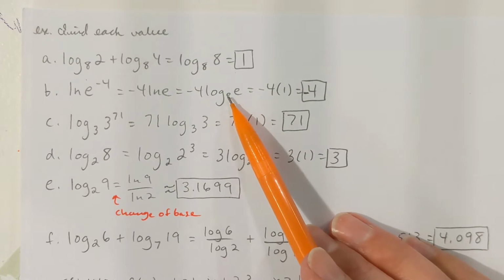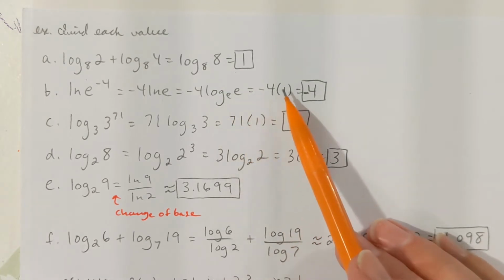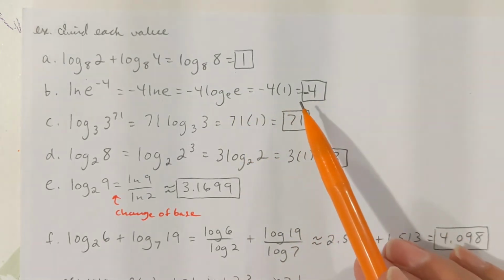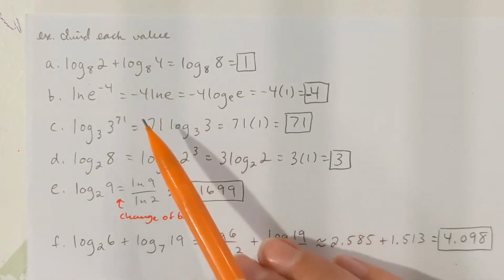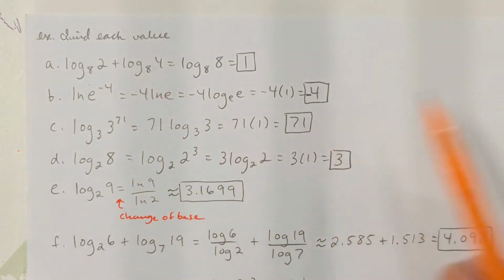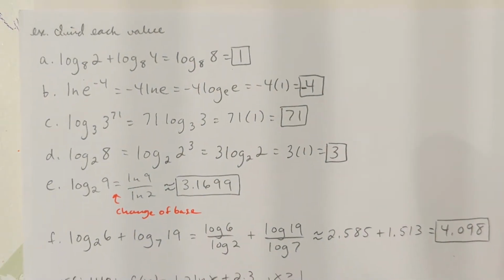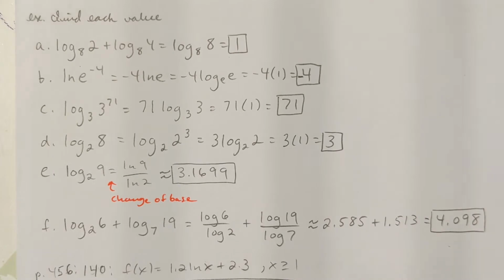So really you're just taking negative 4 times 1, which is negative 4. The ln of e to a power is always just going to be that power, since the power is going to come out of the calculation and the ln of e is 1. That will always happen. Like the ln of e to the negative fourth is negative 4, the ln of e to the sixth is 6, etc.